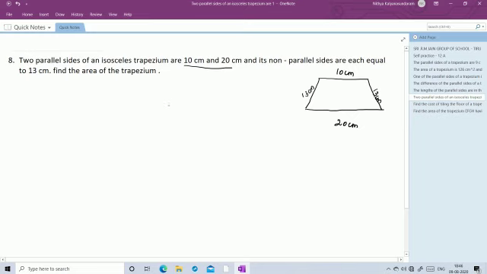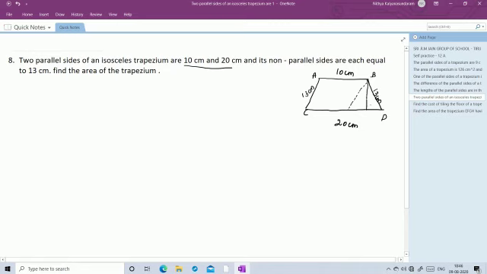Then you want to calculate the height first. Name the trapezium A, B, C, D. This trapezium you can divide into two portions: a parallelogram and a triangle. So first, using this triangle, calculate the height of the trapezium.